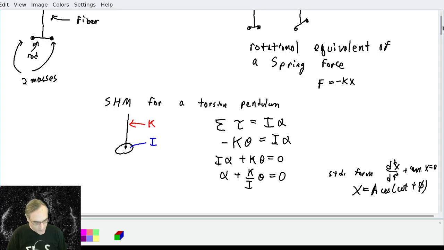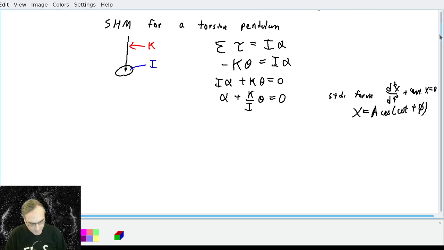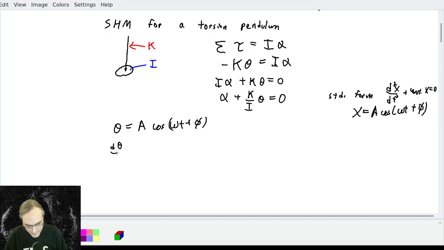We'll use theta equals some amplitude A cosine of omega t plus phase. The second derivative would then look something like minus A omega squared cosine of omega t plus phase.